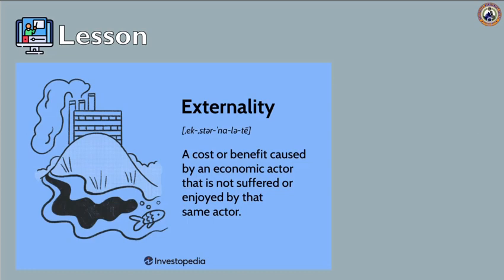Again, externality is a cost or benefit caused by a producer that is not financially incurred or received by the producer. An externality can be either positive or negative, and can stem from either the production or the consumption.